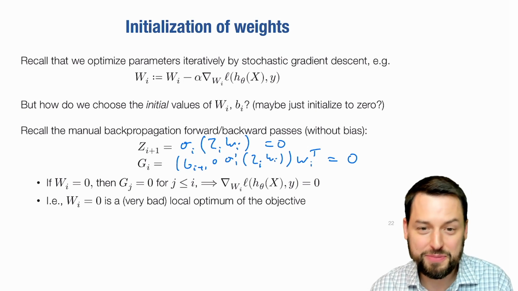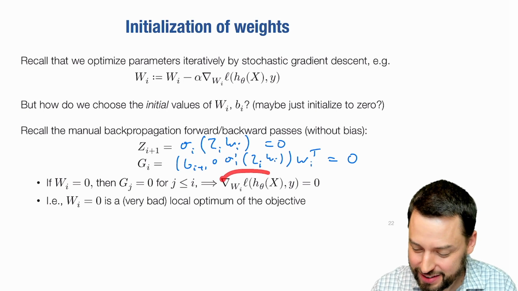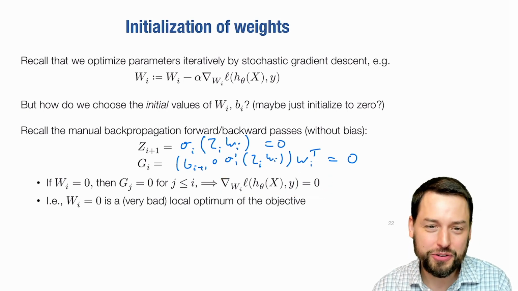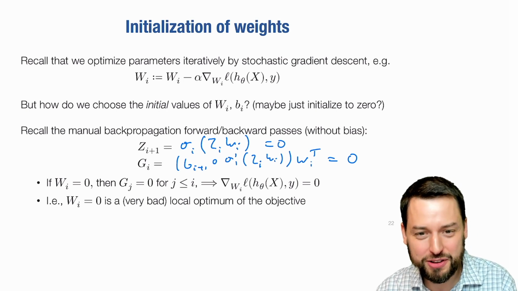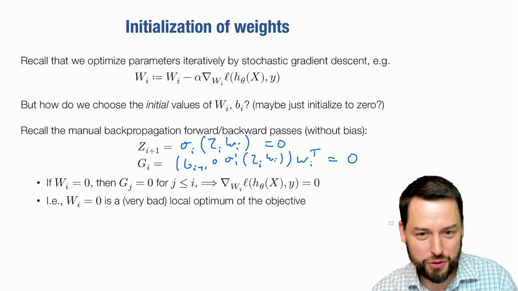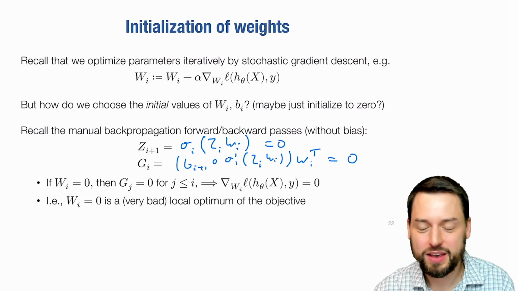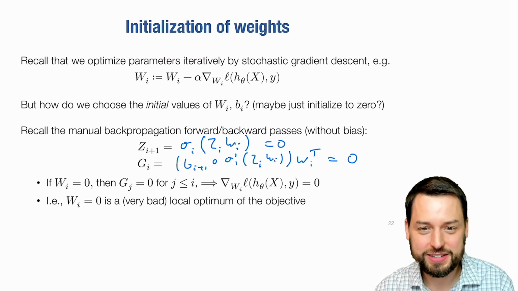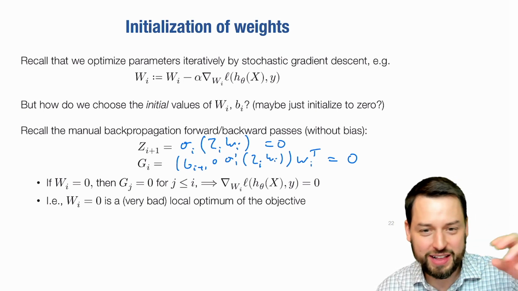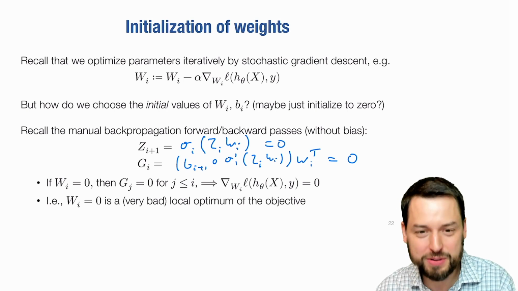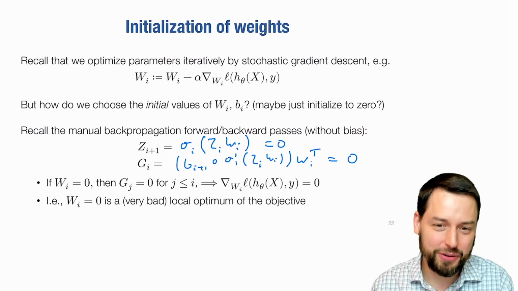Unfortunately, what this means is that all your gradients are also 0. If you initialize your parameters to be 0 and you have more than one layer in your network, your gradients will also be 0. And this is very bad. Other than the last layer, where the inputs are also 0 because your z's are 0, all your gradients will be 0, and you will not be able to learn very much.